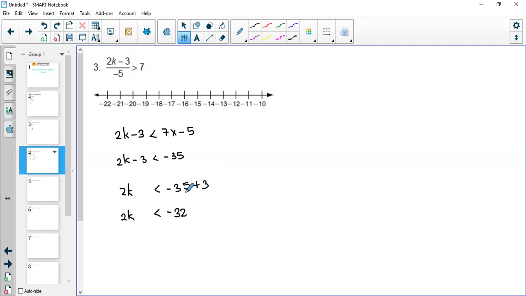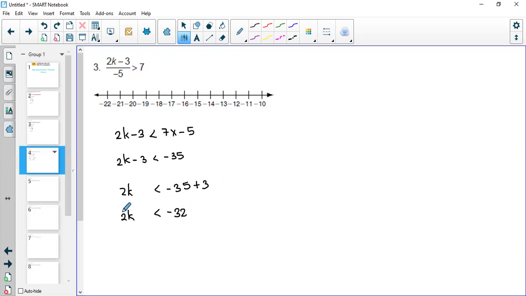In the algebraic rules, we subtract both the numbers and choose the sign which the greater number has. Hopefully you do remember the algebraic rules, because that's very important throughout your math lessons. So 2k is less than negative 32.